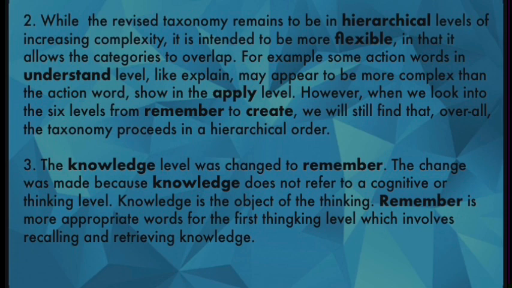For example, an action word like explain in the understand level may seem more complex than show in the apply level. However, when considering the entire taxonomy from the remember to the create level, the hierarchical order is maintained. So that's number 2.